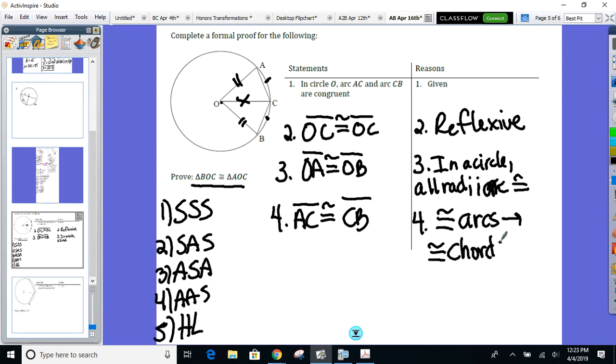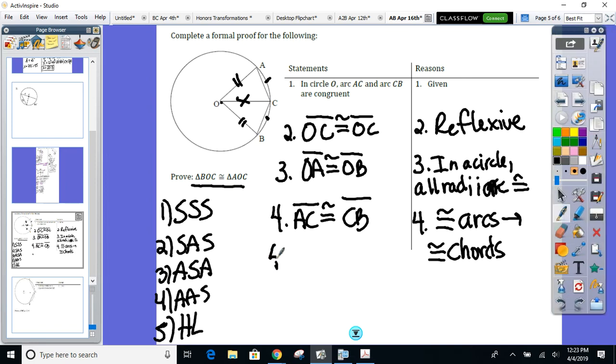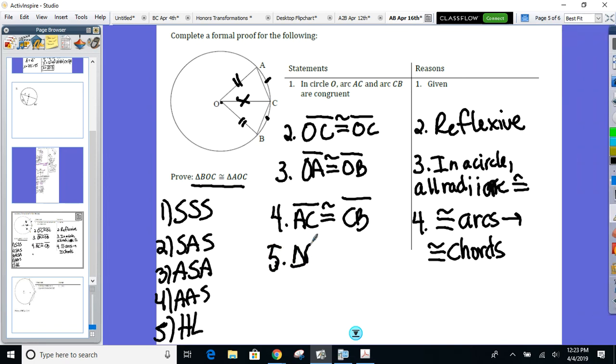That's how you know the order. Whatever was given to you should come first. And then if you take a look, that should be enough to say the triangles are congruent. Not too bad. Triangle BOC congruent to triangle AOC by the method of side, side, side. Again, if you chose to do the central angles instead, your method would have been side, angle, side.